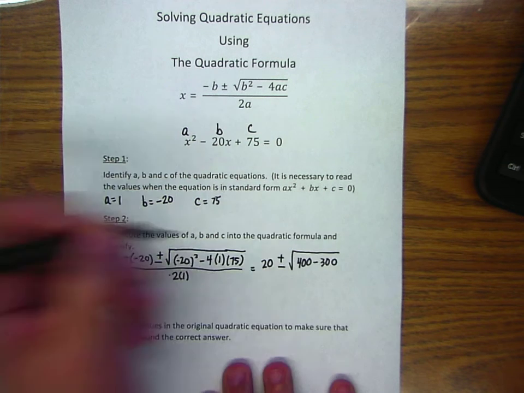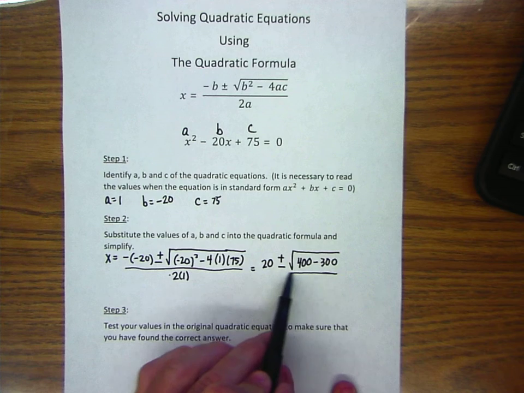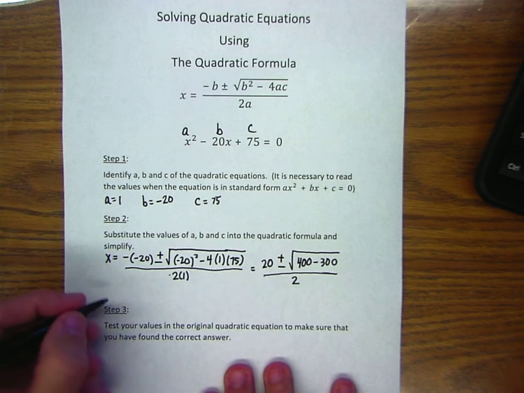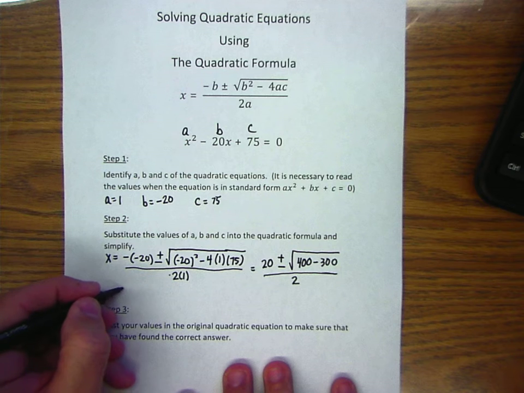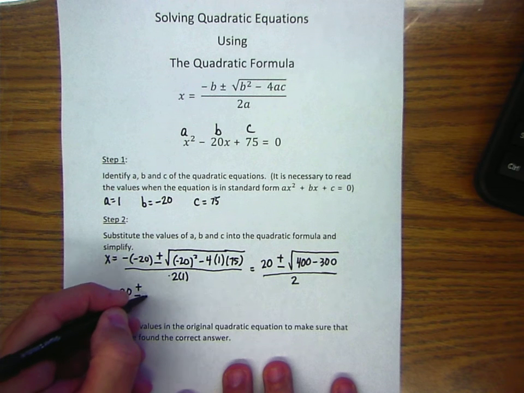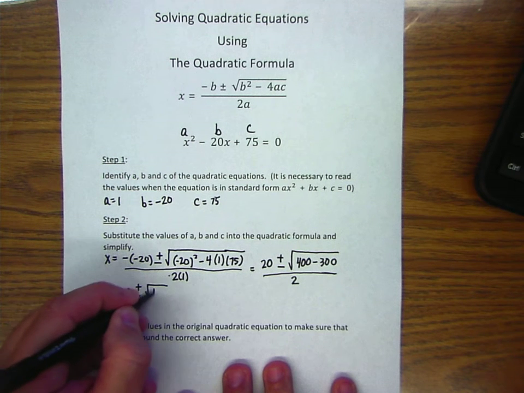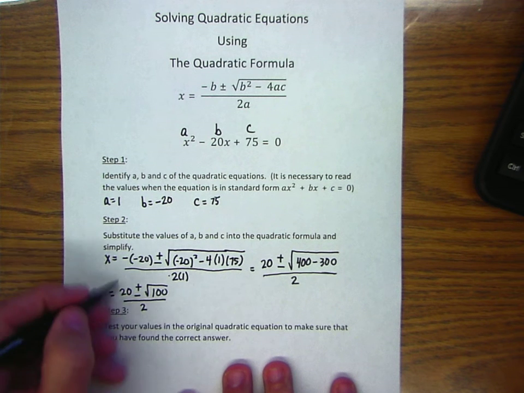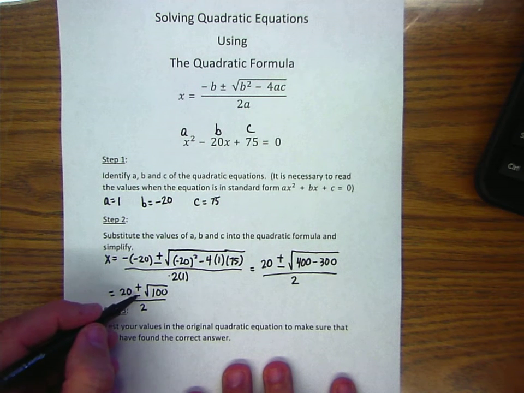And then we continue on by dividing the entire thing by 2a, which is 2. Further simplifying, we get 20 plus or minus the square root of 100 divided by 2.